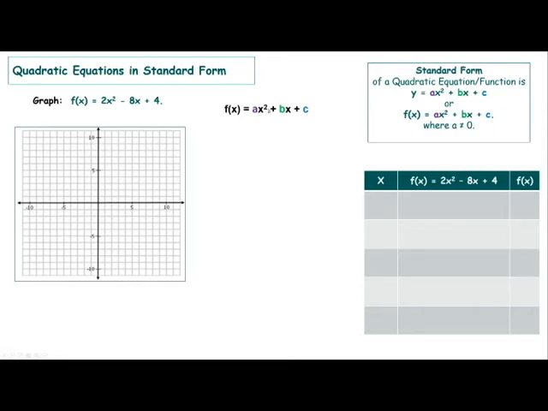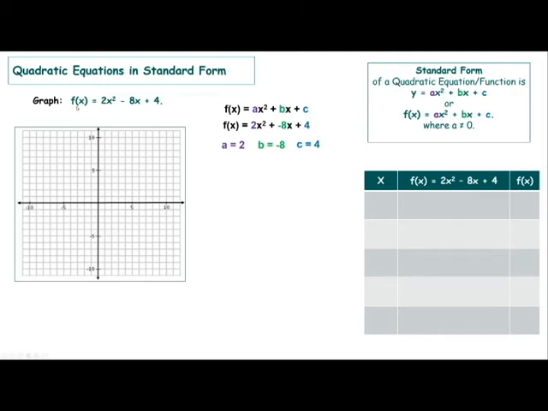If I have ax squared plus bx plus c, and I'm talking about this specific example right here, 2x squared, notice I make this minus into plus negative, so it fits the pattern. And then I have a plus negative 8x, and then I have a plus 4 at the end. Notice that the A position is occupied by the number 2, the B position is occupied by a negative 8, and the C position is occupied by a 4.